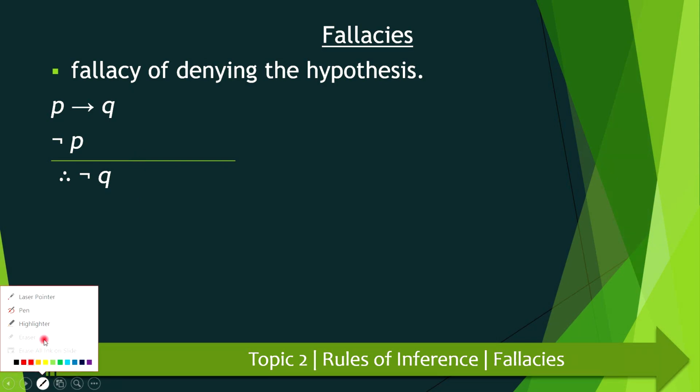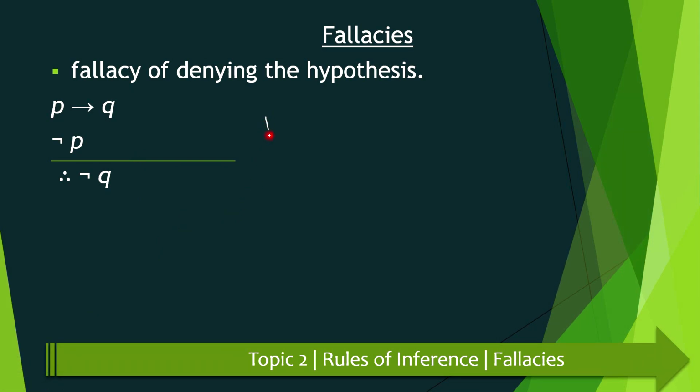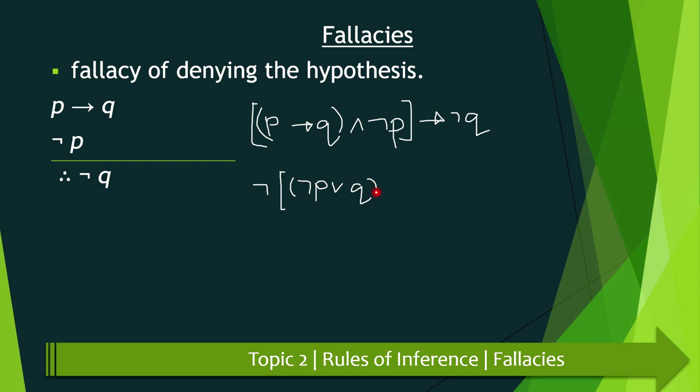Of course, if you're going to solve this one using propositional equivalence, it is P implies Q and not P, implies not Q. So this will become not P or Q and not P, or not Q.